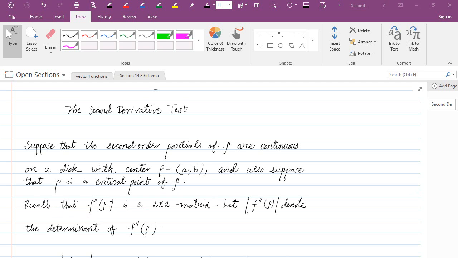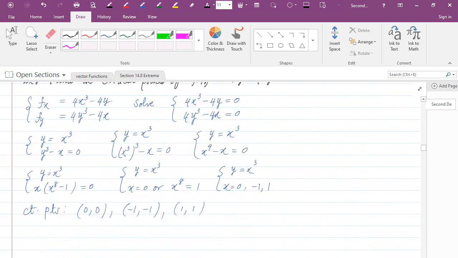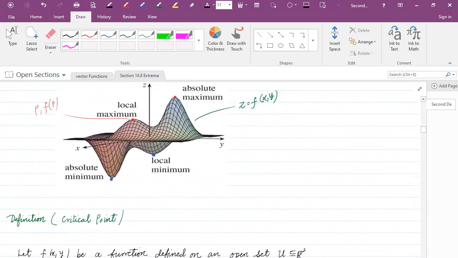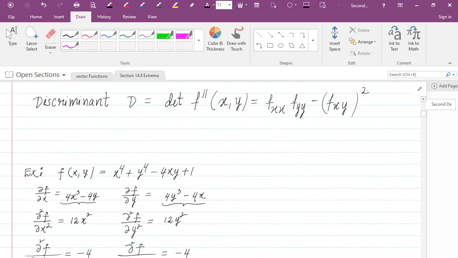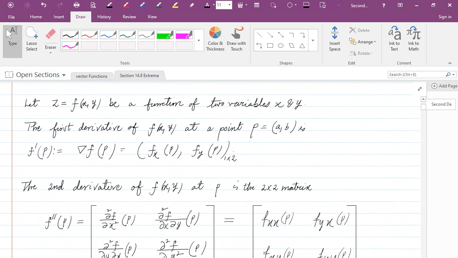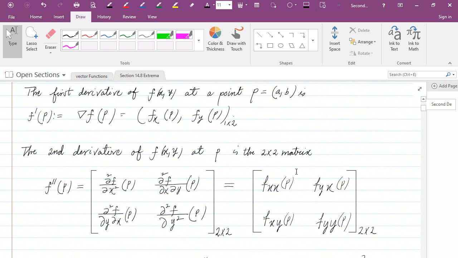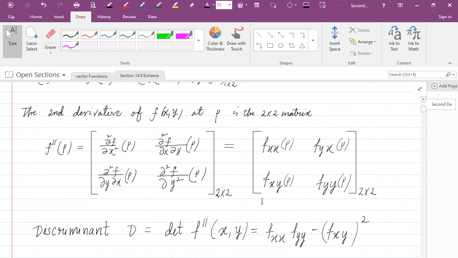I would like you to recall at this point the second order derivative of f. So let me go back. Yeah, the second order derivative of f is this 2 by 2 matrix right here, and the discriminant is the determinant of this 2 by 2 matrix.